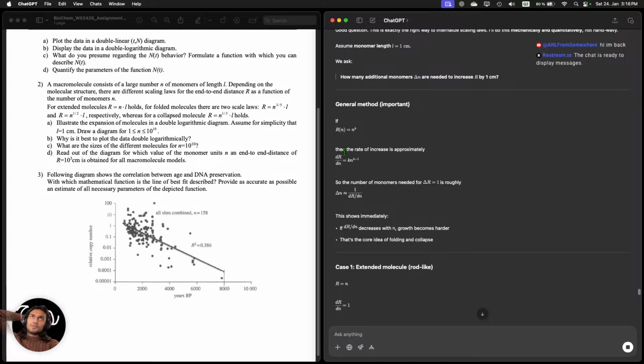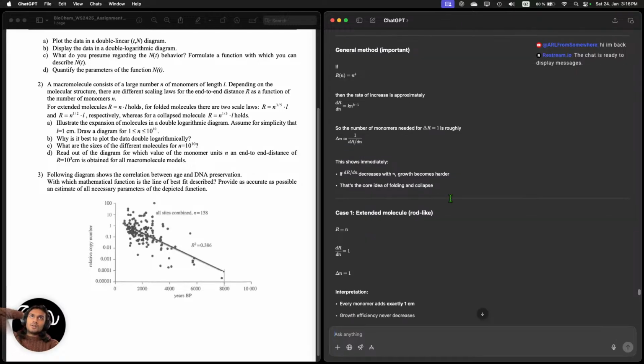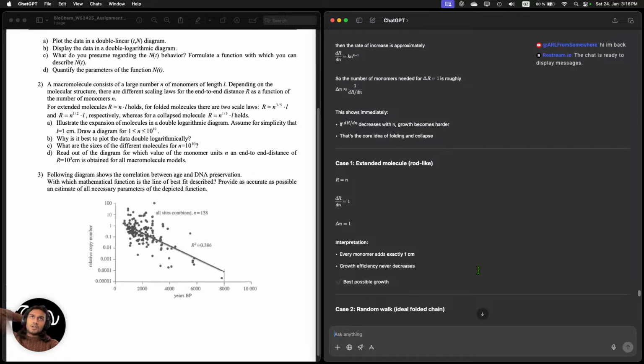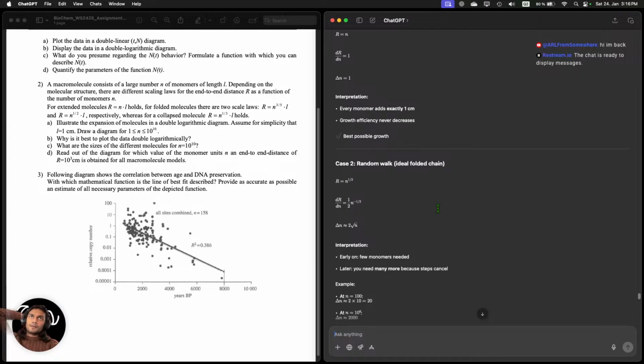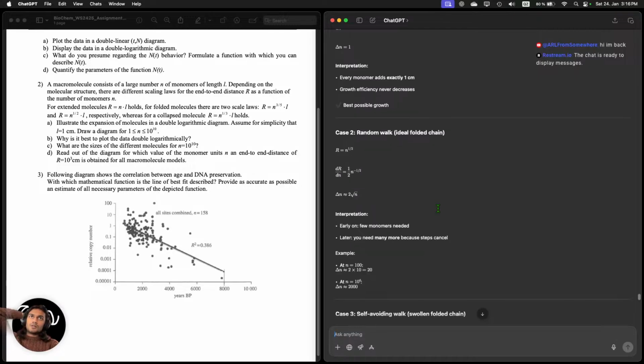General method important. Then the rate, dR by dN. Extended molecule, broad, best possible growth. Random walk. So what does that mean? Ideal folded chain.